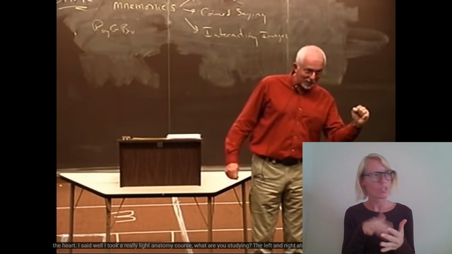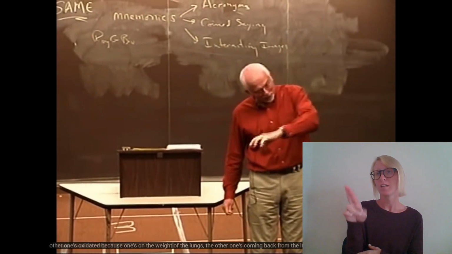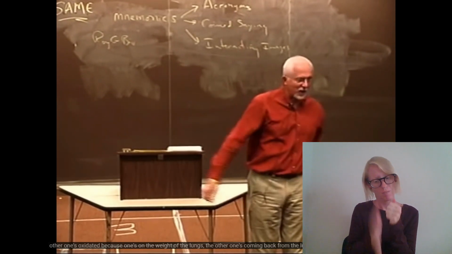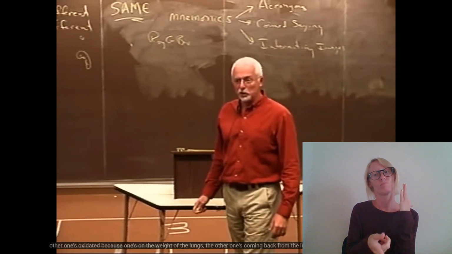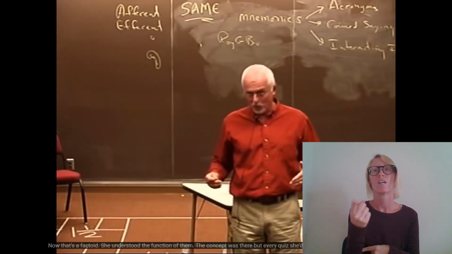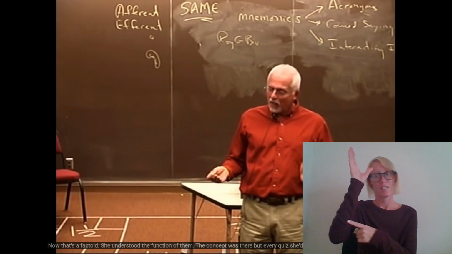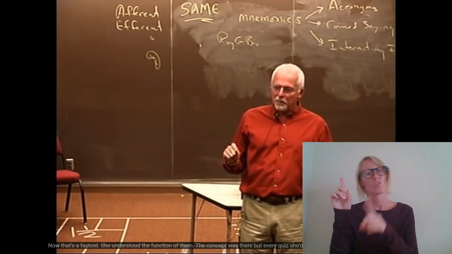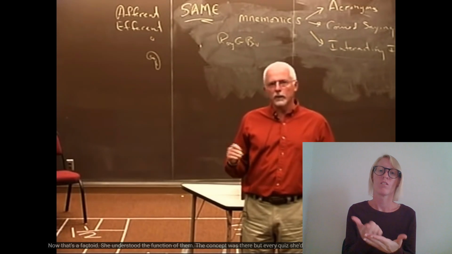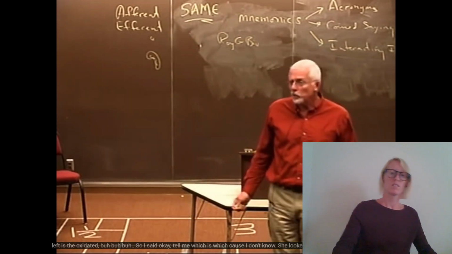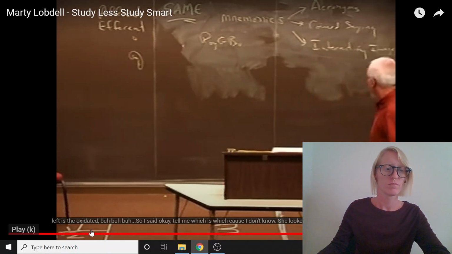One has deoxygenated blood, and the other one's oxygenated, because one's on the way to the lungs, the other one's coming back from the lungs. And she said, I can't keep it straight. Now, that's a factoid. She understood the function of it. The concept was there. But every quiz, she'd flip-flop. The right is deoxygenated. No, the left is deoxygenated. So I said, okay, tell me which is which, because I don't know.